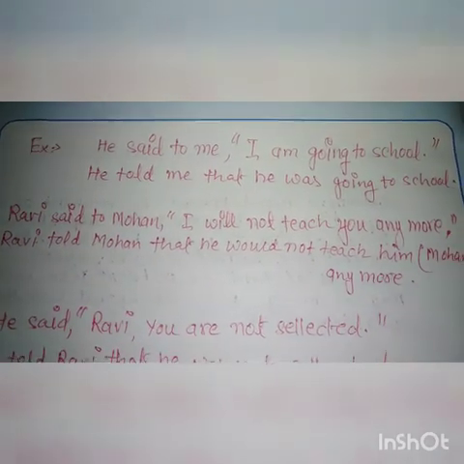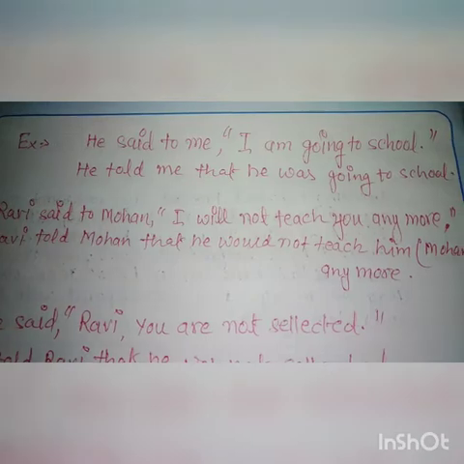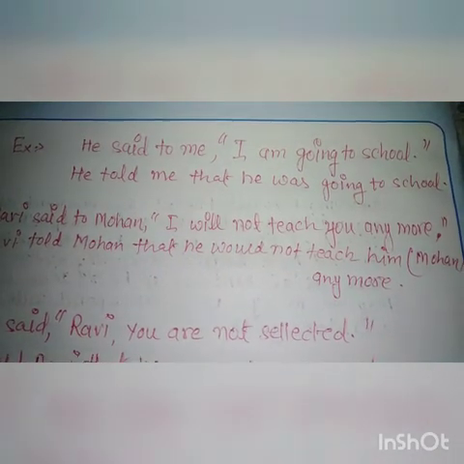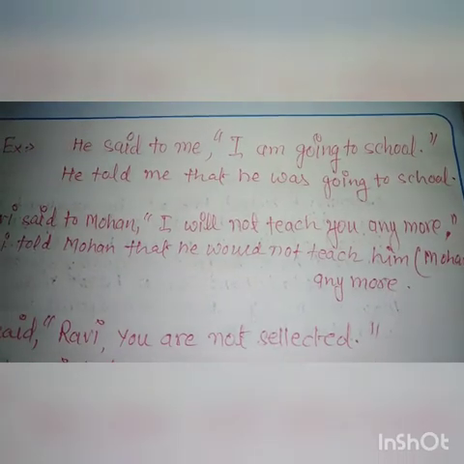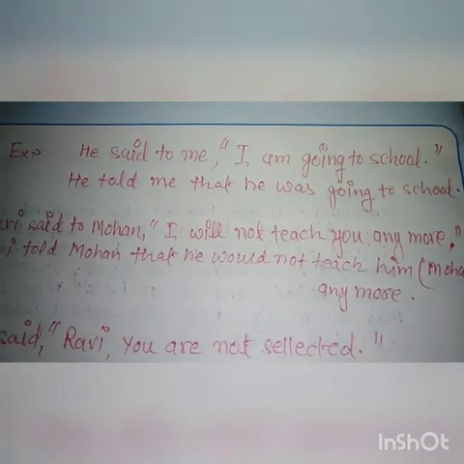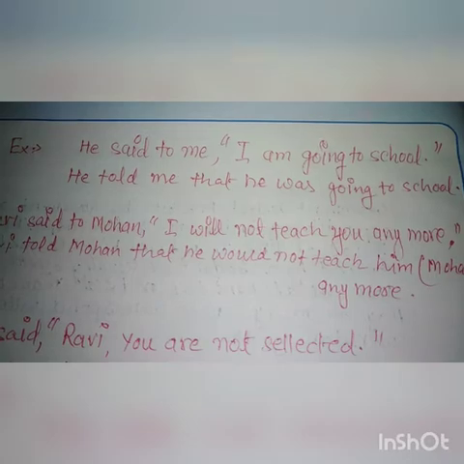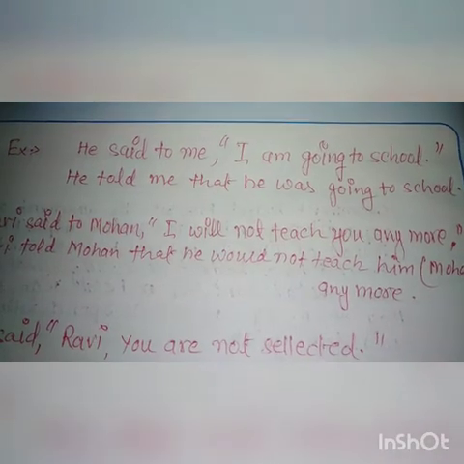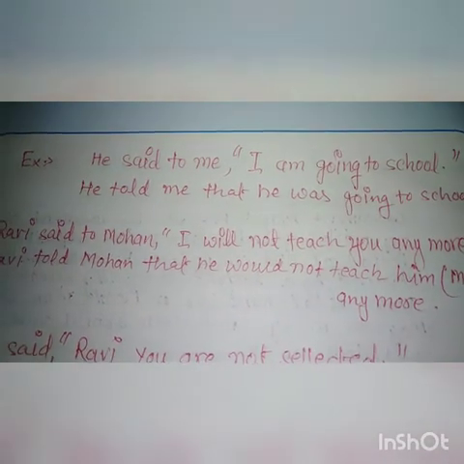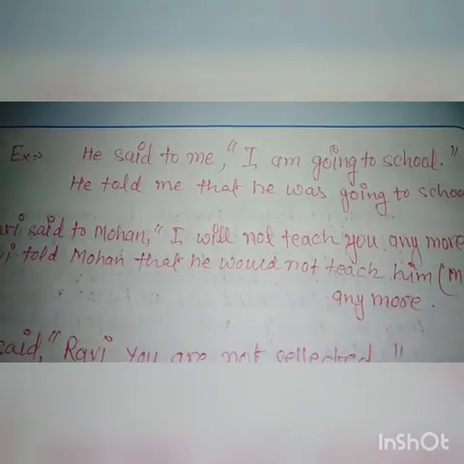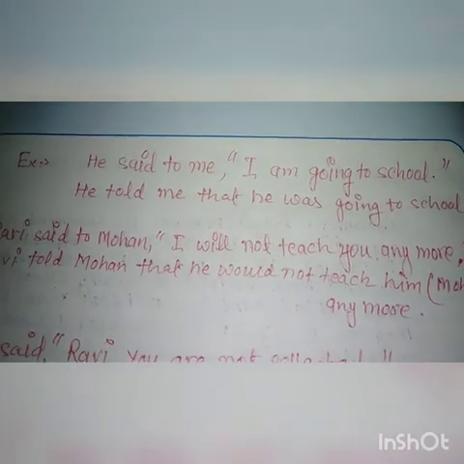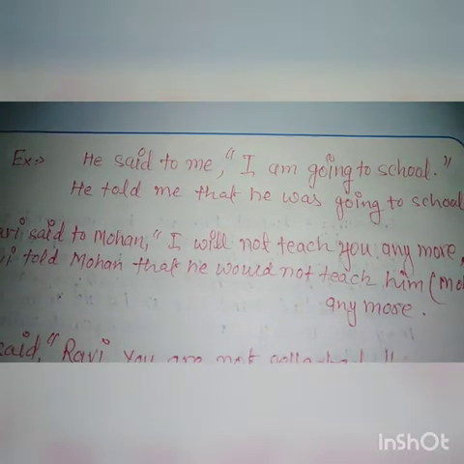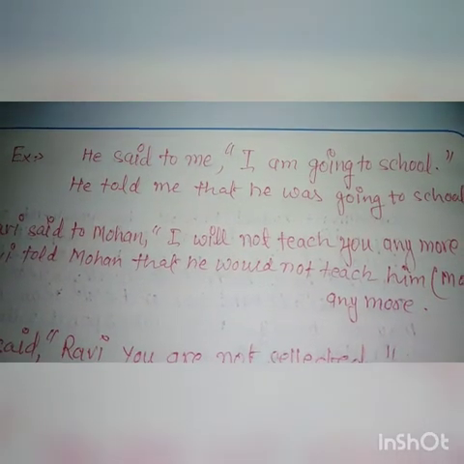He said to me, I am going to school. Now just see, in reported speech we have I, which is a first person pronoun. So according to our rule, it will change according to the subject of the reporting verb, meaning according to he. Now just change. He told me that he was going to school. Now you just see, in place of I have written he.